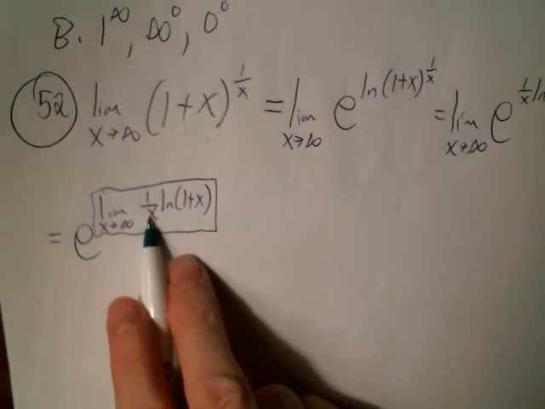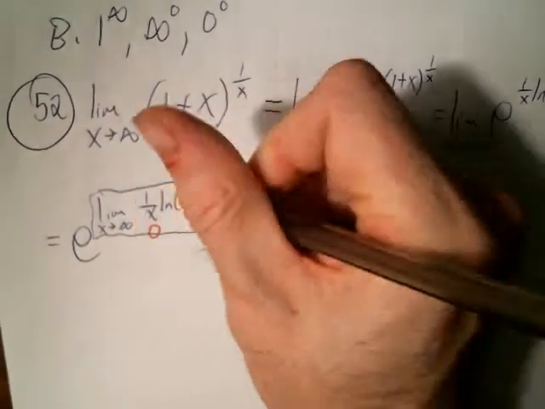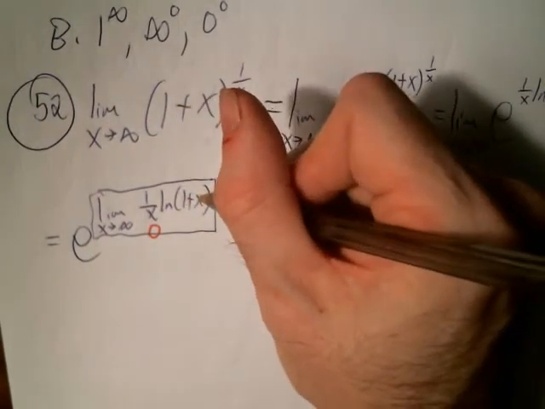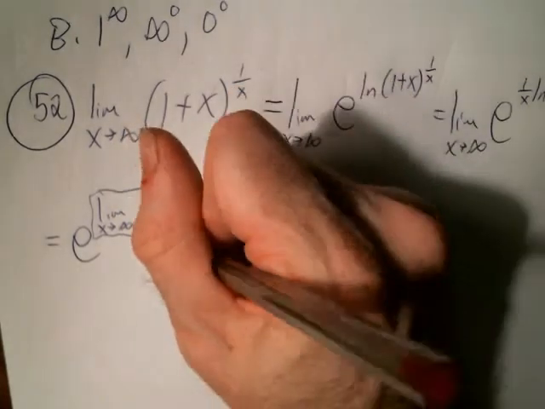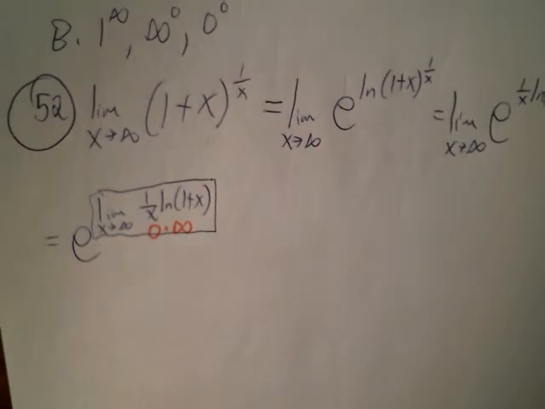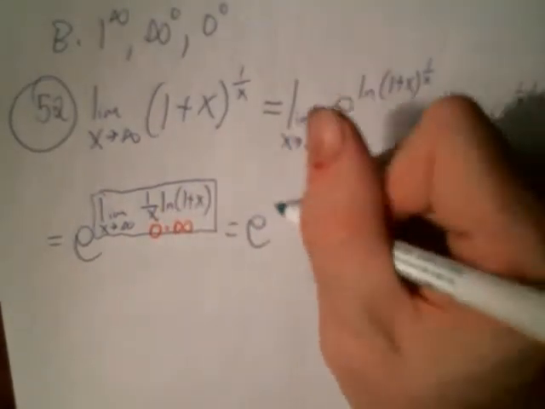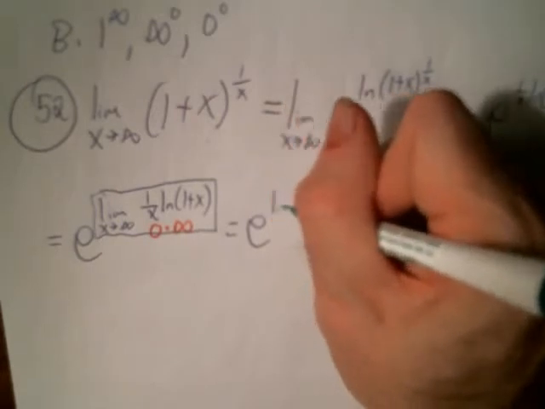So as it sits, 1 over x as x goes to infinity is 0, and ln of 1 plus x as x goes to infinity is infinity. So it's actually 0 times infinity form up here. The deal with that is to rewrite it as a complex fraction. In this case, it's kind of already rewritten.